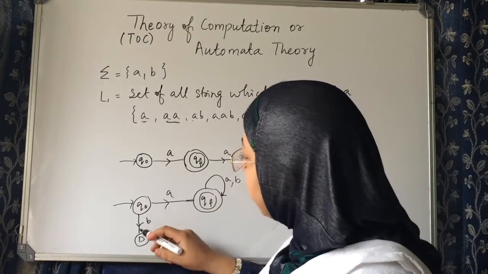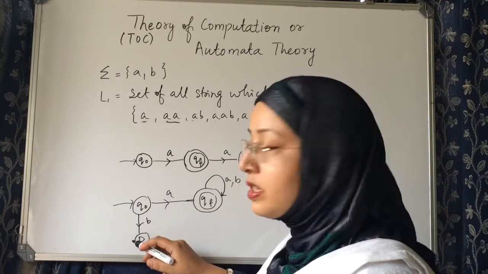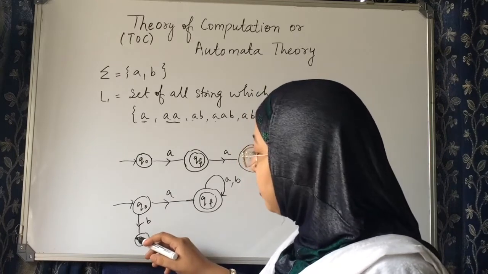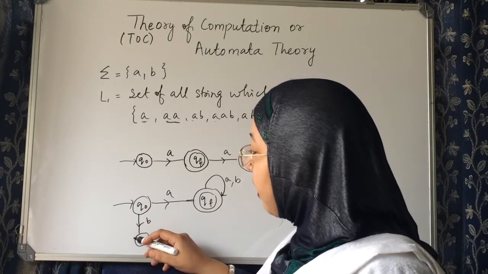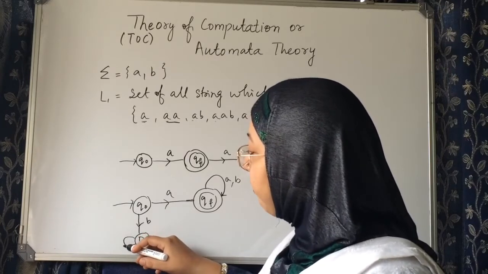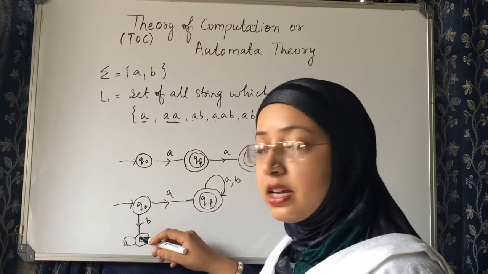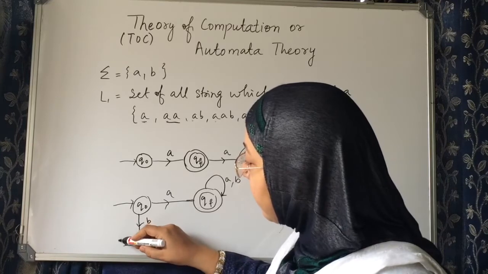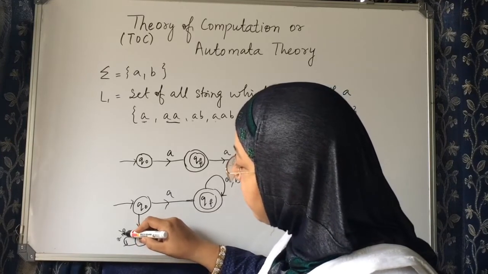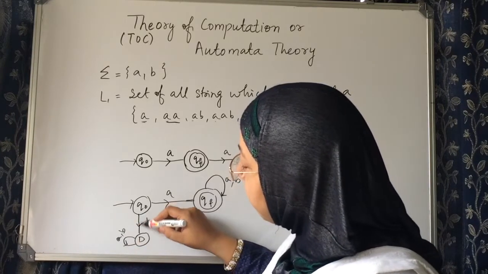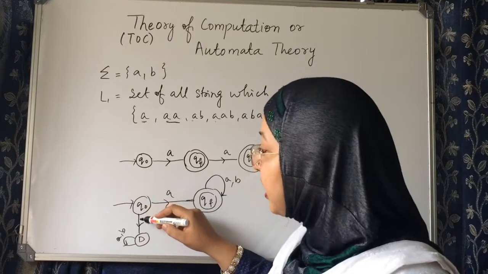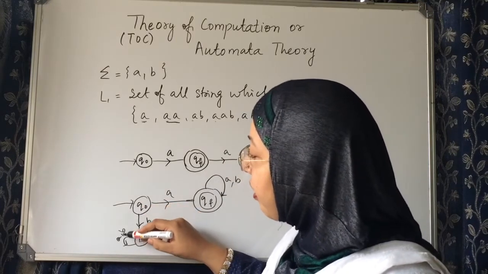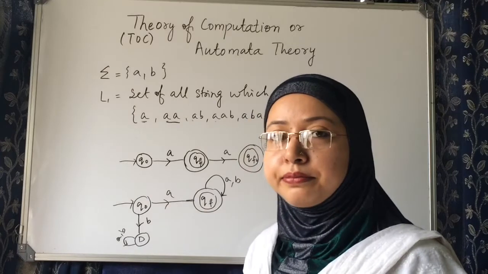Now, for a DFA, we have to show the transitions at every state. At the dead state also, after seeing one B from the initial state, if it sees any A or B, it will go to the dead state.